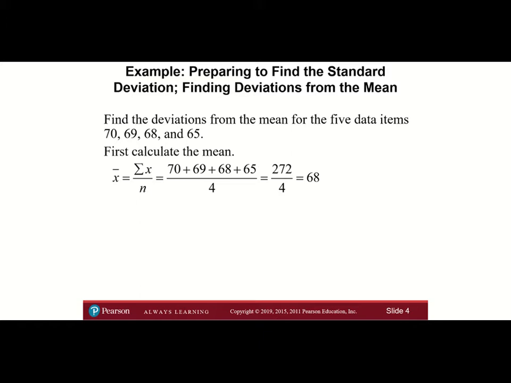It says 4 or 5 data items, but it's really 4. For the 4 data items, 70 plus 69 plus 68 plus 65 gives us 272, and we divide by 4. So the mean is 68 for these 4 data points.